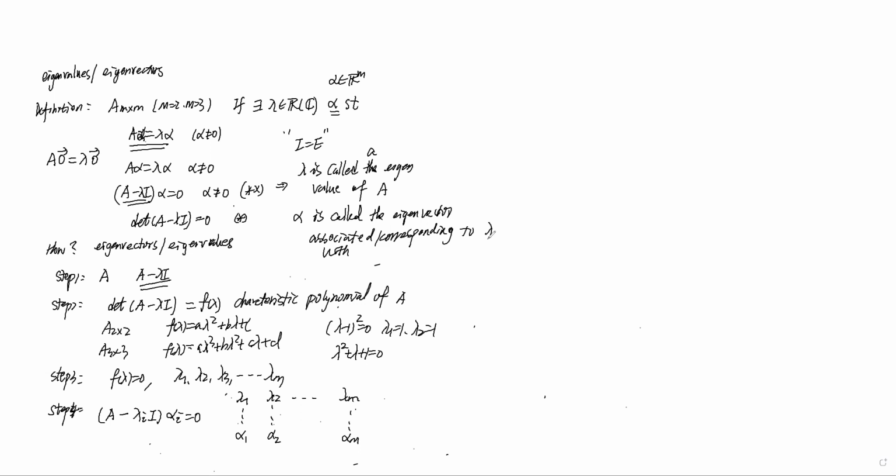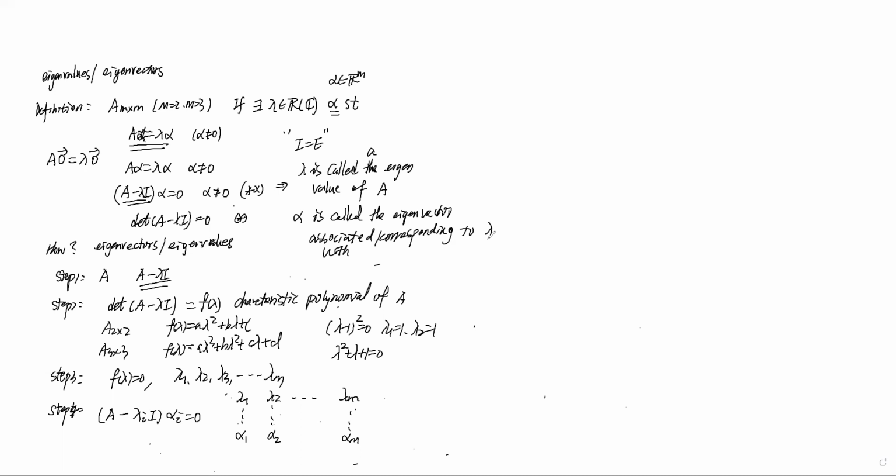It means that eigenvalue and eigenvector always appear at the same time. When you're talking about an eigenvector, you have to know the eigenvalue. When you're talking about an eigenvalue, automatically it has an eigenvector. Two concepts appear at the same time. So alpha i is the eigenvector associated with lambda i.